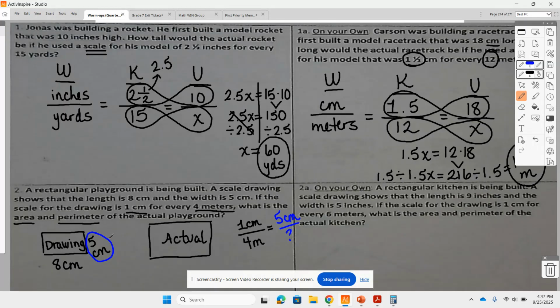Remember, we're trying to figure out how much it was being multiplied by, like a scale factor. Okay, so think about how much we'd be multiplying by. Okay, if you were thinking timesing by 5, yes, you are correct. Timesing by 5. So 5 times 5.